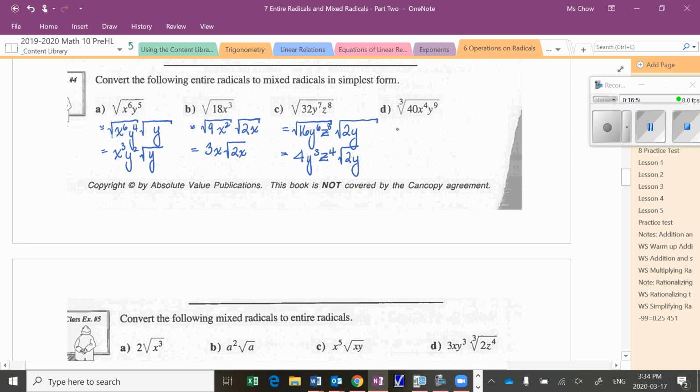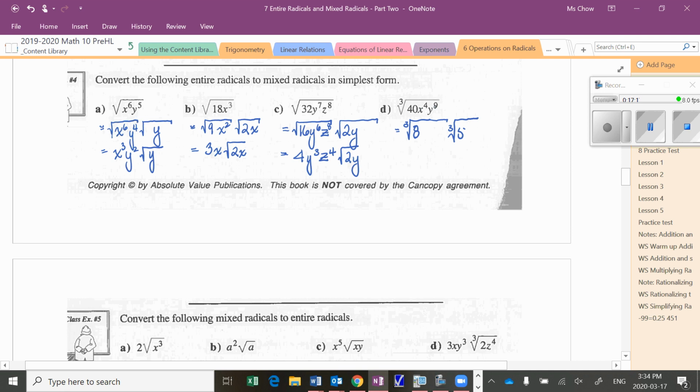For part D, it gets a little bit trickier now that we have an index that isn't 2, but again, remember, for our numerical coefficient, we are looking at the factors of root 40, and so the perfect cube is 8, leftover is just 5.